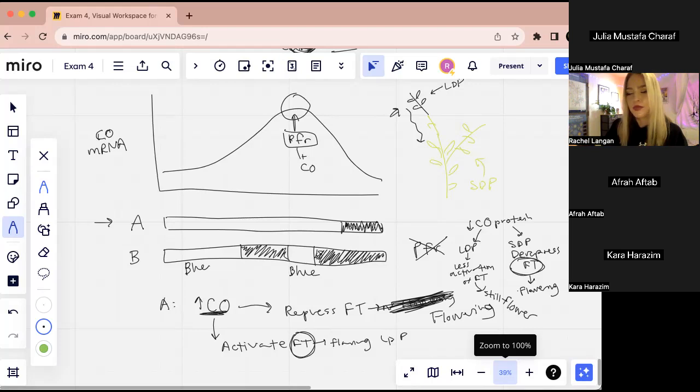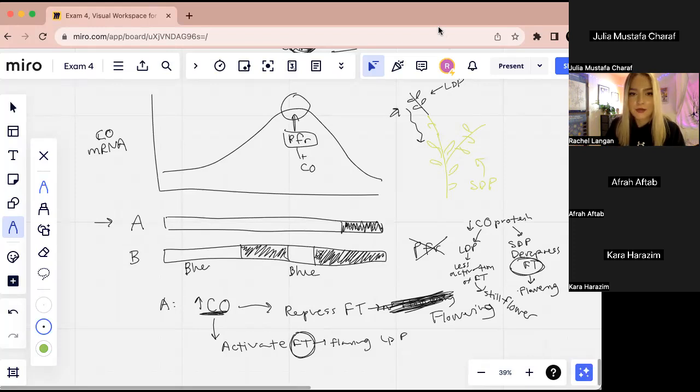PR, no stabilization. Anything else besides PFR, no stabilization. So then to put it all together, you would say red light is absorbed by PR and that's converted into PFR. So then the PFR stabilizes the CO.